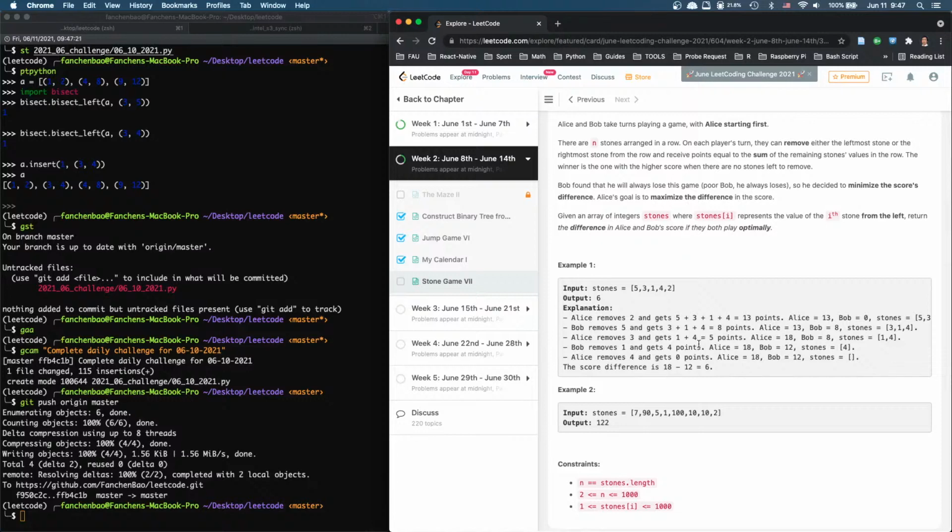So by removing 5, Bob gets slightly less, but then Alice won't be able to get 5. So Alice can only remove 3, right? Alice can only get 5. And then Bob can remove 1, and Bob can get 4.